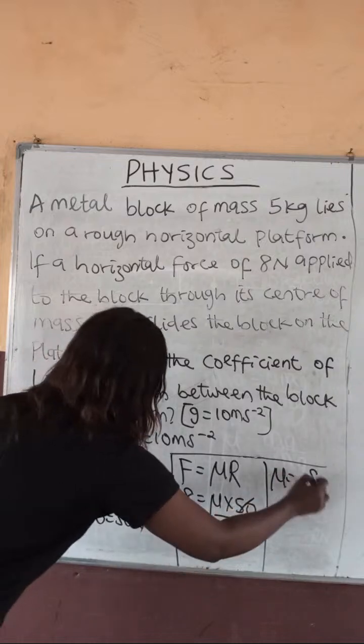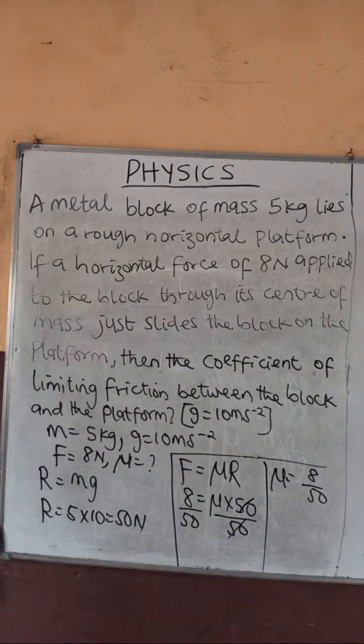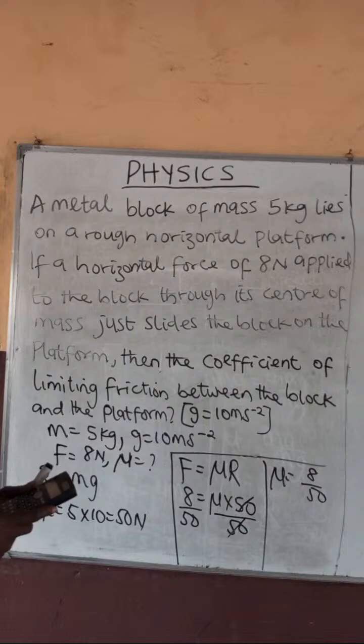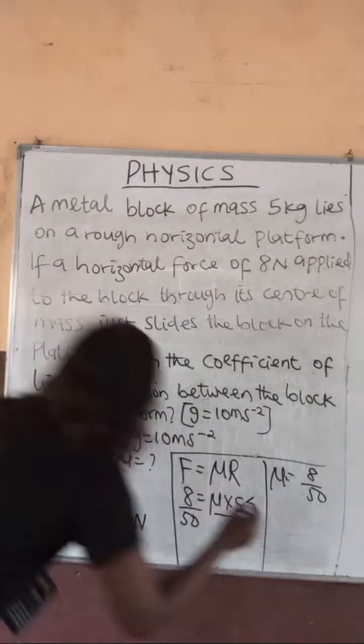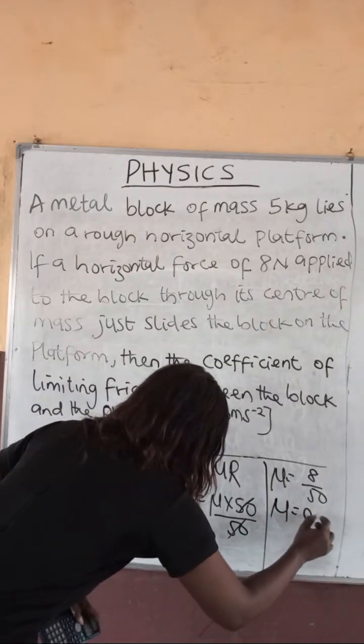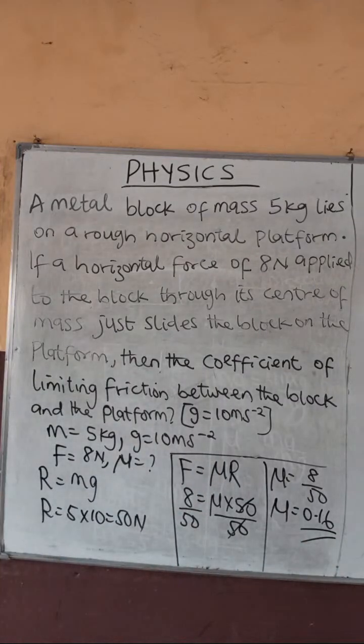Mu is equal to 8 over 50. With the help of our calculator, we divide. Mu is equal to 0.16. Remember, it has no unit. So this is how we can solve this problem under frictional force.